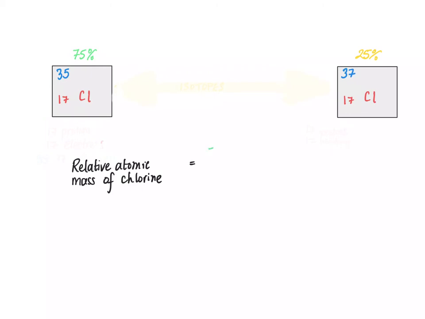So what we say is 75%, which is 75 divided by 100, times 35, plus the percentage times the mass of the chlorine 37, which is 25 divided by 100, because it's 25%, times the mass of that one, which is 37.